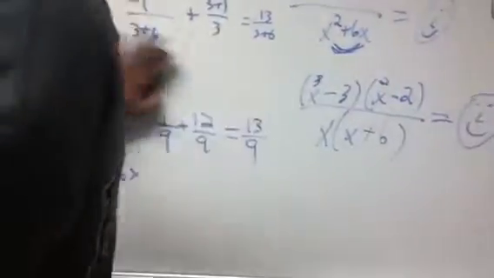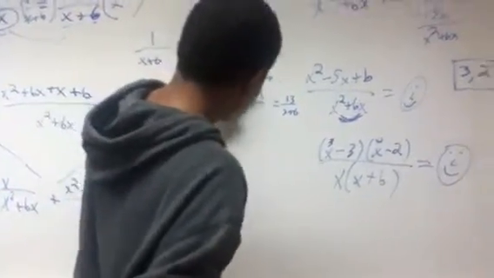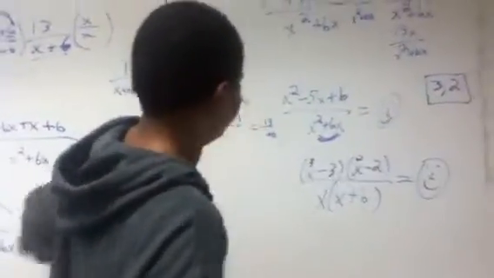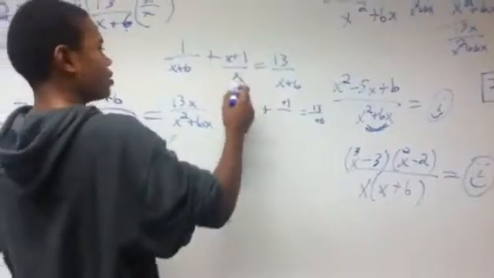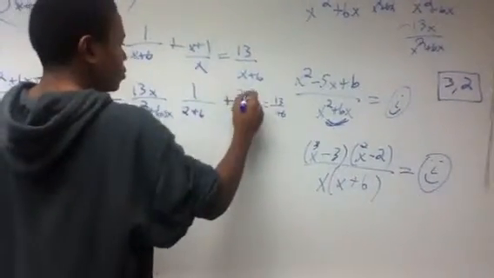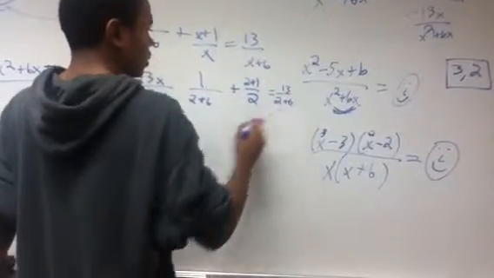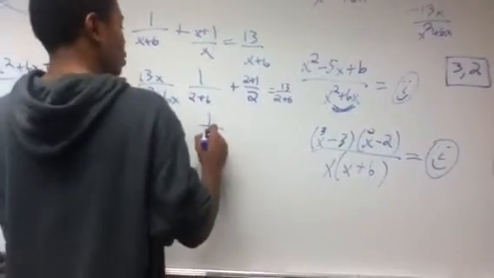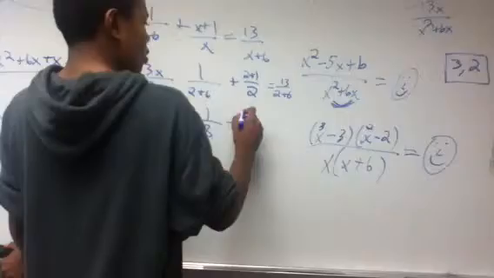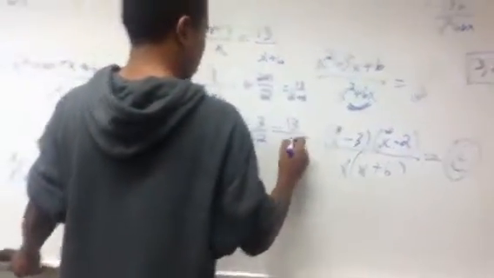restart this process and add our second value to x, could go in 2, and then x plus 1, that would be 2 plus 1 over 2 equals 2 plus 6. 1 over 8 plus 3 over 2 has to equal 13 over 8.